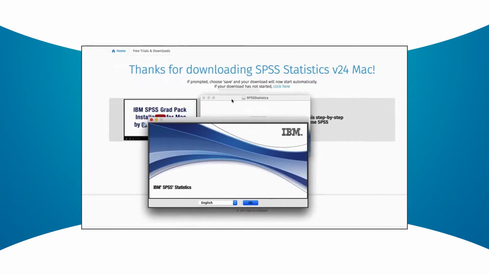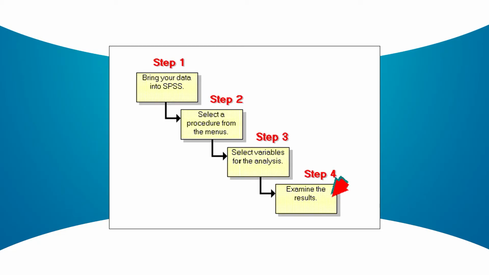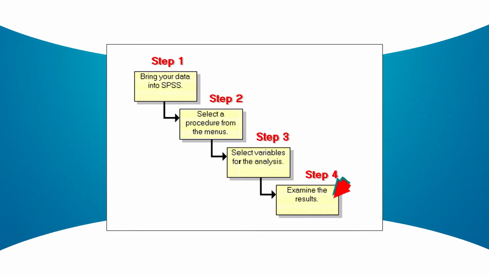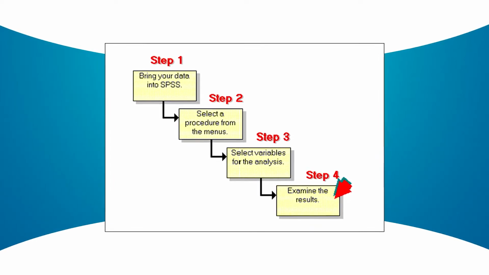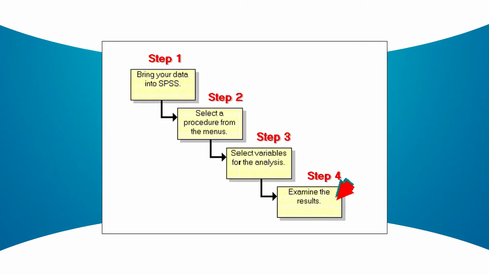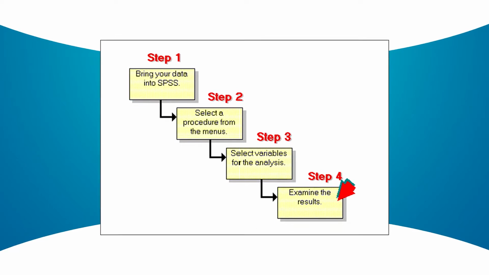You will need to complete several steps to perform your analysis. Get your data into SPSS. You can open a previously saved SPSS data file, read a spreadsheet, DBase or text data file, or enter your data directly in the data editor.